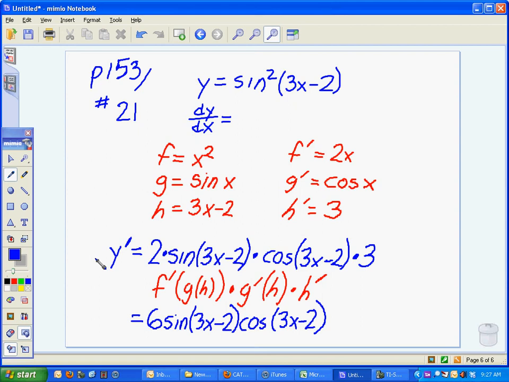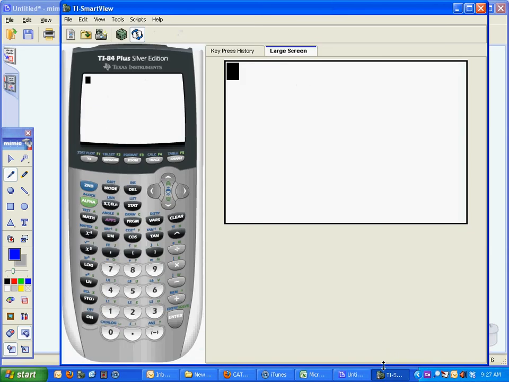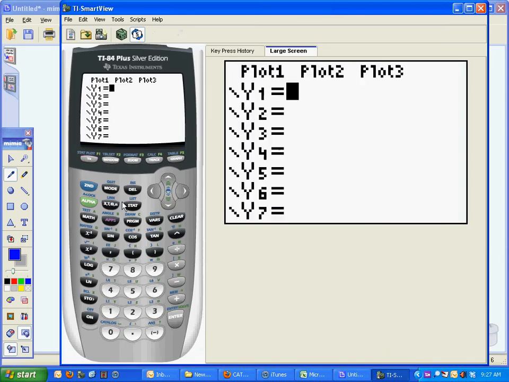Alright, well the book says if you are unsure of your answer, use n-deriv to support your computation. In other words, let's have the calculator verify for us what the right graph looks like. So let's do that. Our original function was sine squared of 3x minus 2.